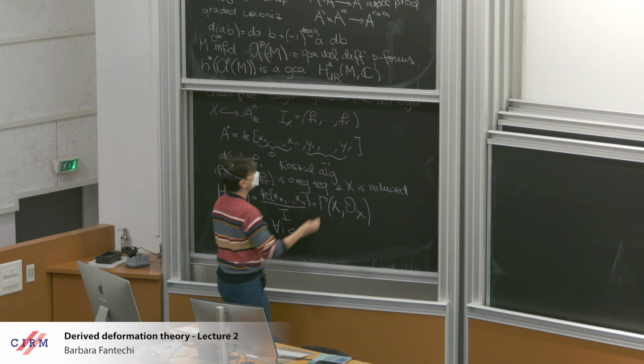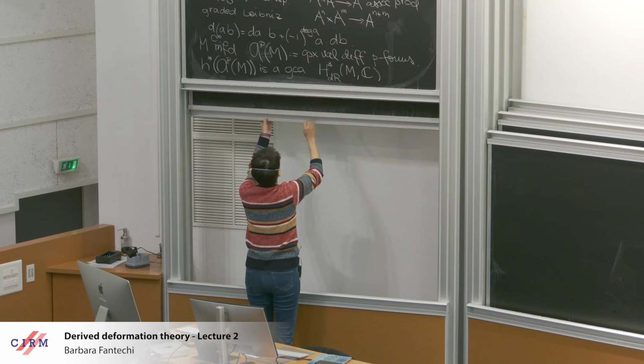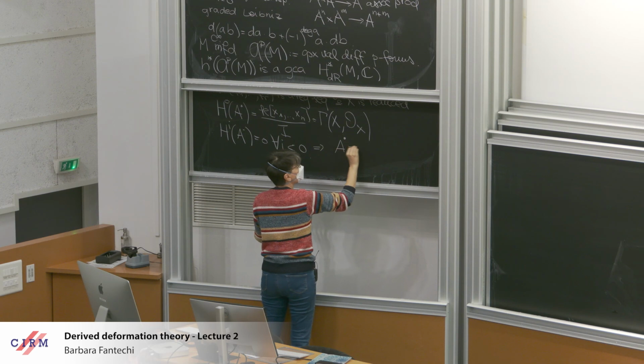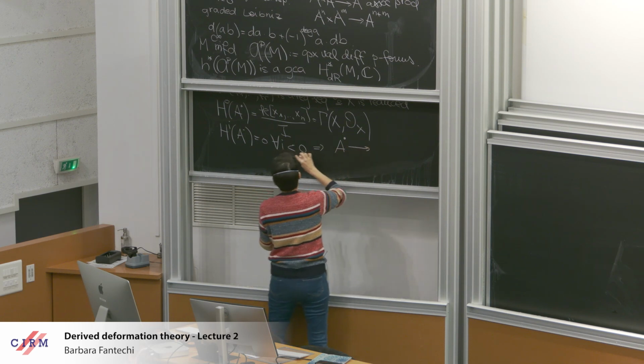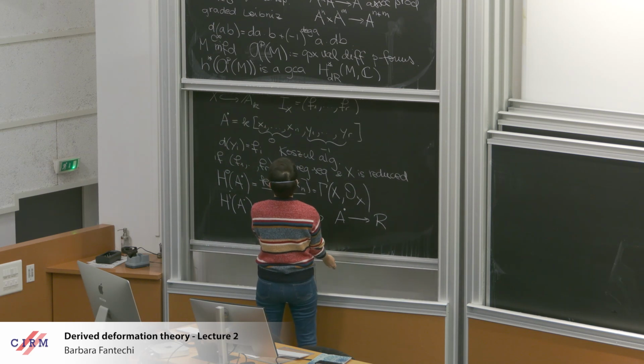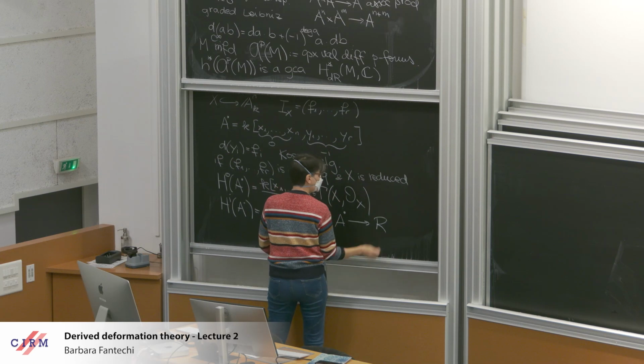And so what I get in this case is that I have a homomorphism of graded algebras. I had called this R. Let me call R this one.